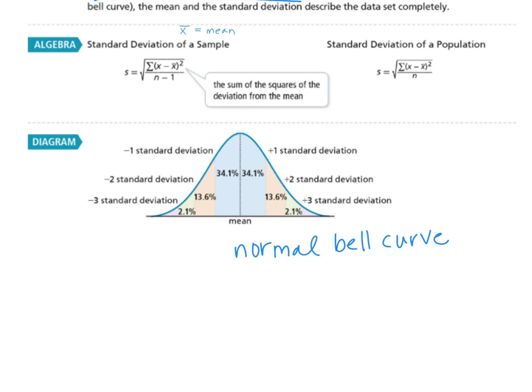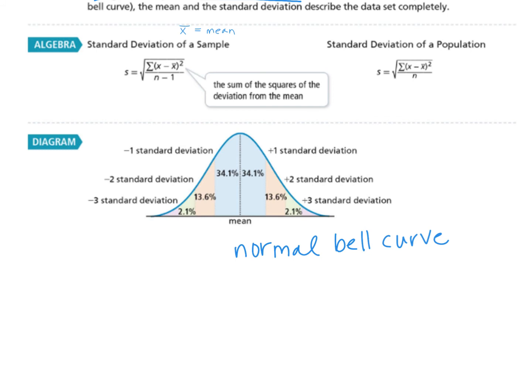What you can see is in the middle is where the mean is. And we can tell that this is symmetrical about the mean. We've got it going off to the left and right. And we can divide whatever our data is representing into these segments if it has a normal distribution or a normal bell curve.